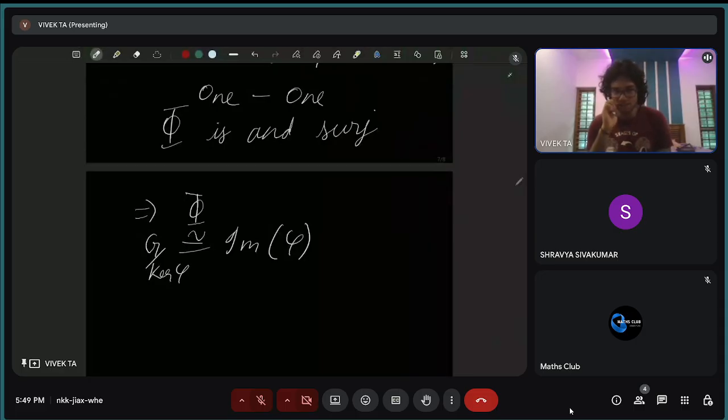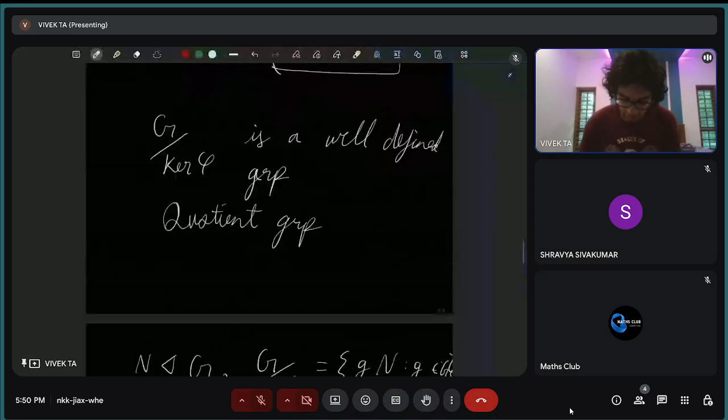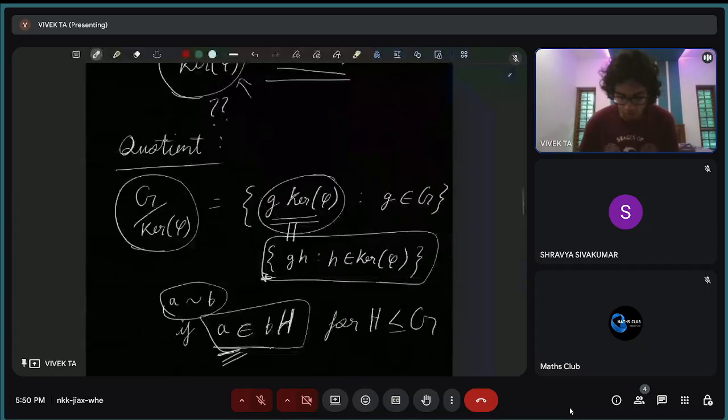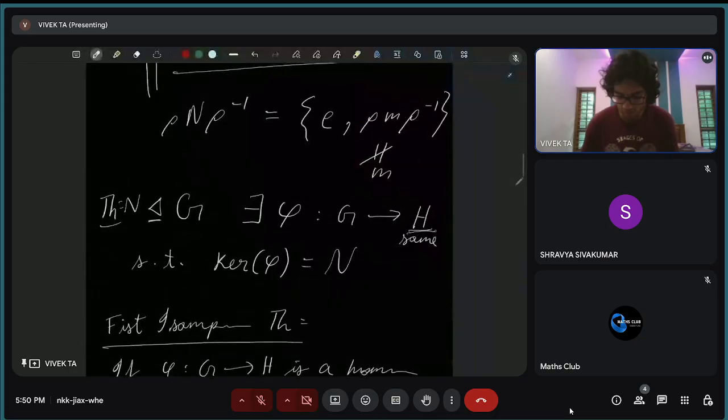Point being, if you have a group and you have a map, I can't just tell you what the image is going to be without even knowing what my image is going to look like. That is why I was saying in the beginning, remember, the image group is not important structurally. I don't need to know what this is going to be looking like.